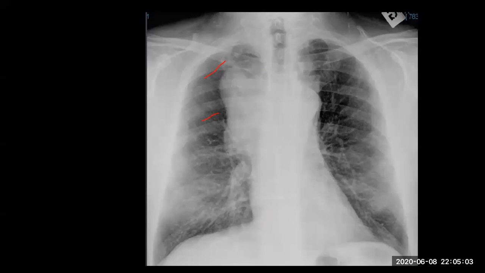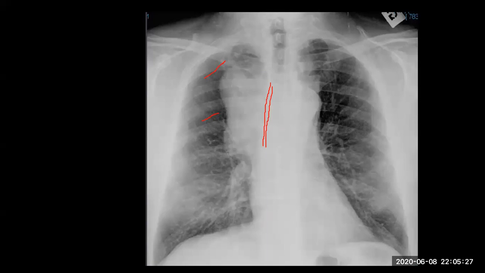It is silhouetting the border, the broad base to the mediastinum, and extending above to the right clavicle. This is the cardiomediastinal silhouette on the right side. This is one sign. So where is it located? Anterior mediastinum.